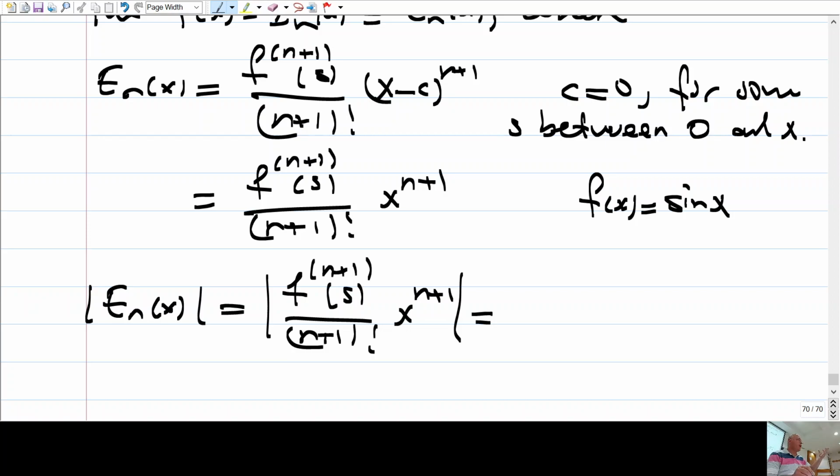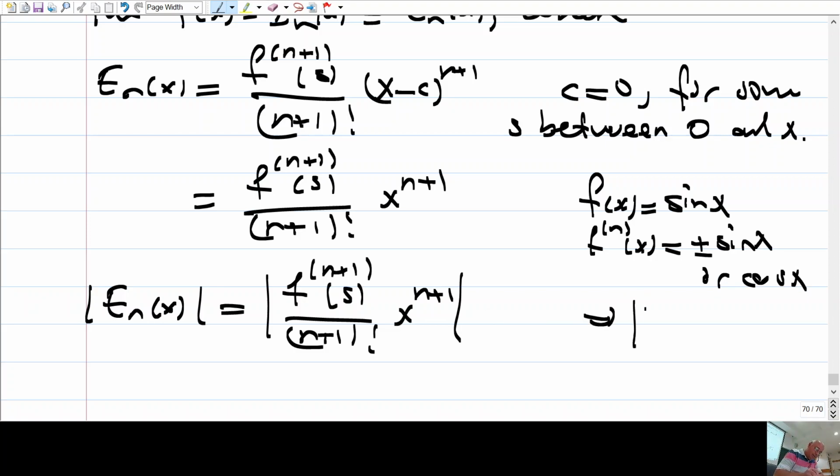In absolute value, this is less than or equal to 1, right?